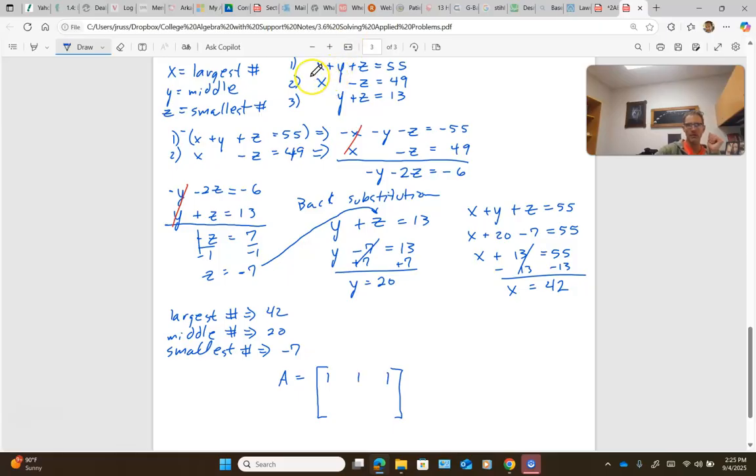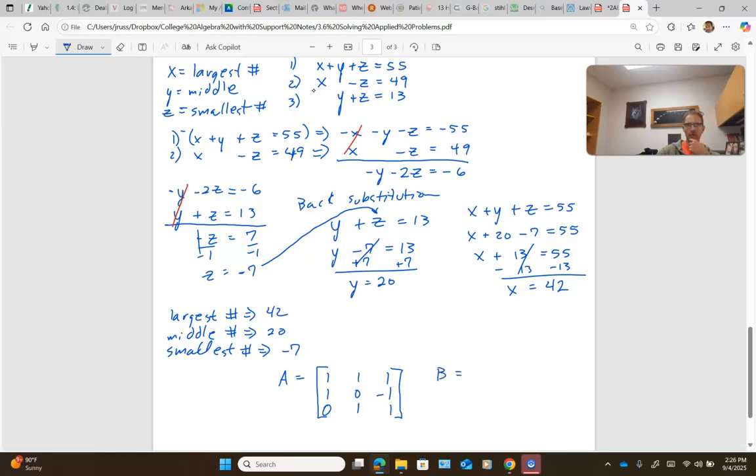And in my second row, I'll have a 1 for the x, a 0 for the y because there is no y term, and a negative 1 for the z. And then for the third row, I'll have a 0 for the x, a 1 for the y, and a 1 for the z. Okay.